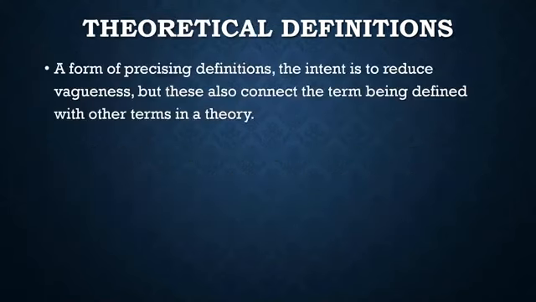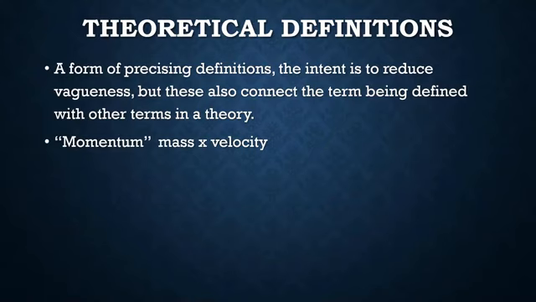Theoretical definitions are a form of precising definitions. So the intent is to reduce vagueness, but these connect terms that are being defined with other terms in a theory. So for example, if you were to define momentum in physics, you can say momentum is mass times velocity.